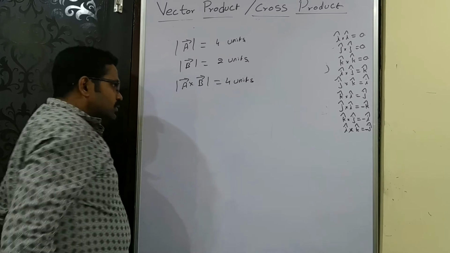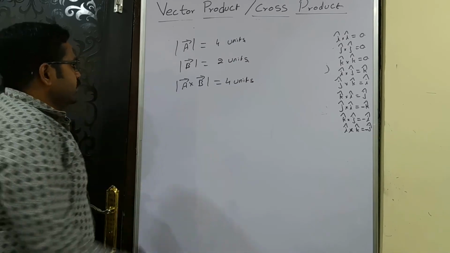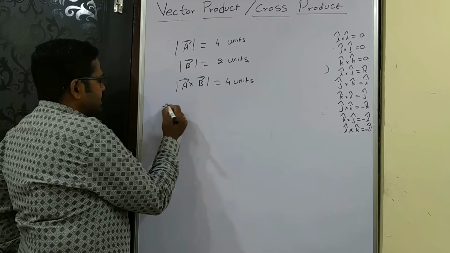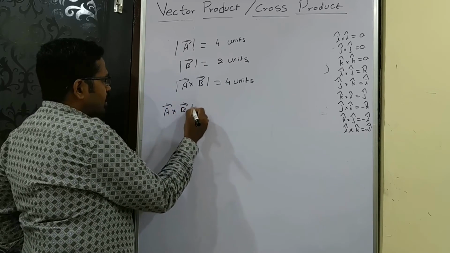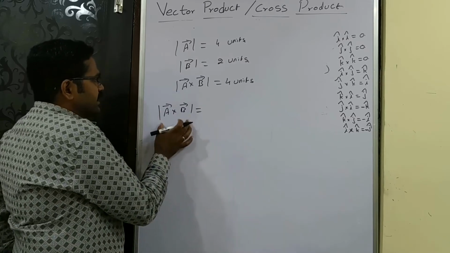If he asks you what is theta, the angle between these two vectors, then you know that the mod of vector A cross vector B is equal to, you will be removing that n cap from here because this is magnitude.